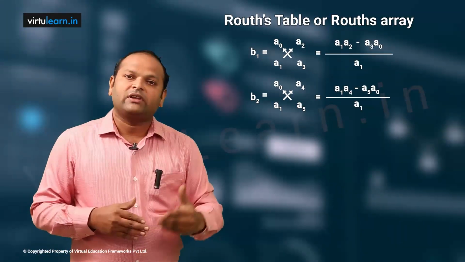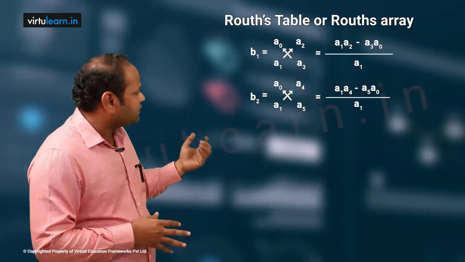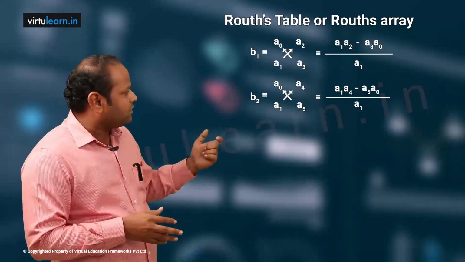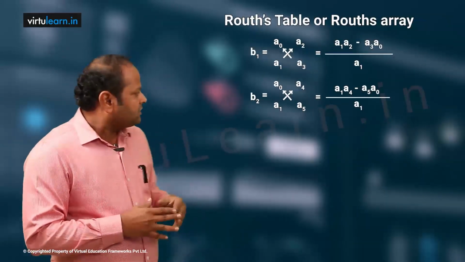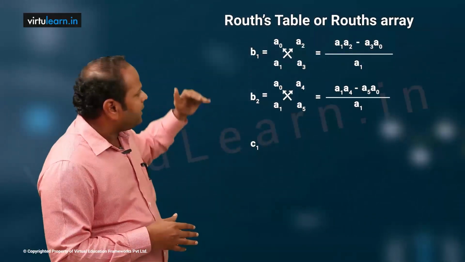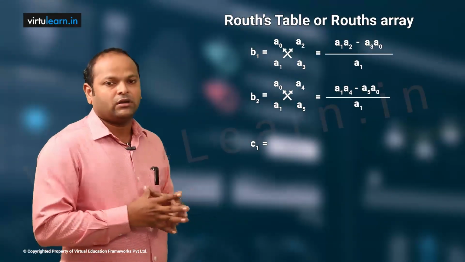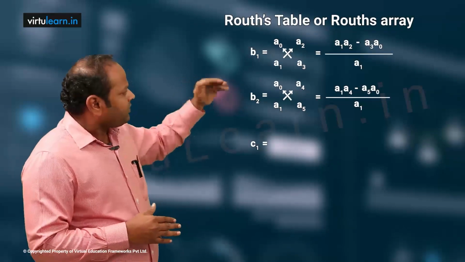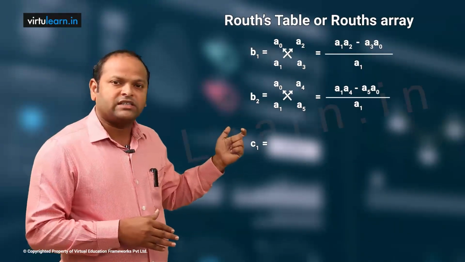Similarly, we can calculate for the next row. Let us assume the next row elements are C1, C2 and so on. Let us see only C1, so other things you can easily calculate. To calculate C1, again look at those two rows just above the row where you are calculating. What are the elements to consider to calculate C1?